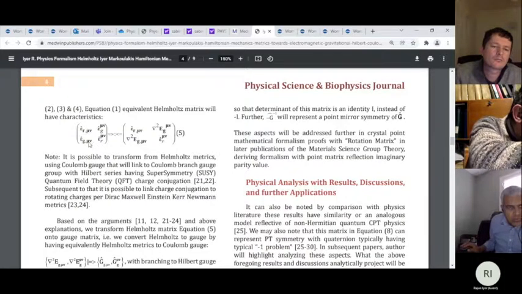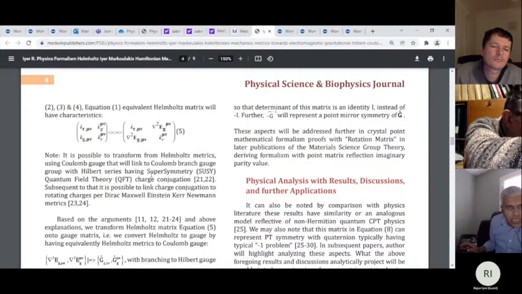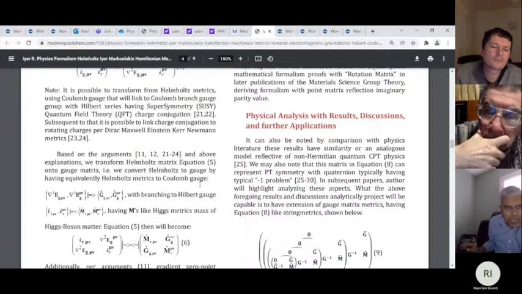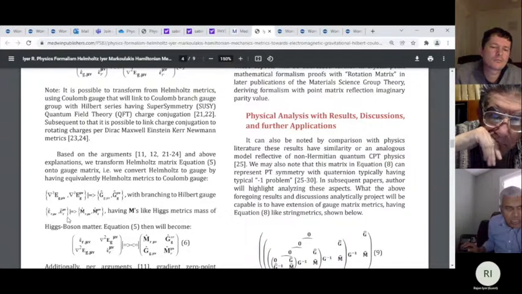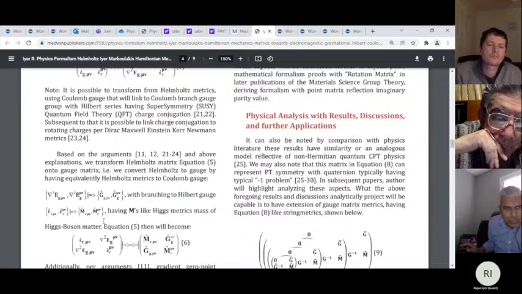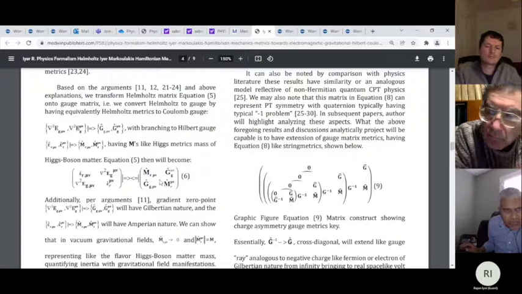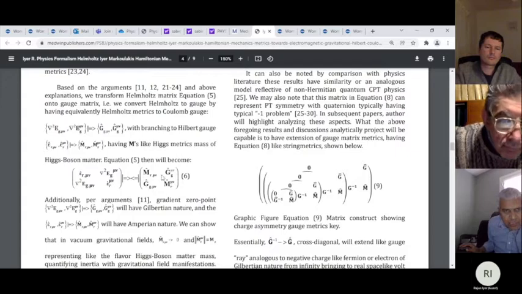So we can gauge it to a Coulomb gauge, which talks about the electromagnetic things, and also the Higgs field, which talks about the mass of the matter. The Coulomb gauge is electromagnetic, whereas the Higgs matrix is the mass matrix. So I can say this rotational field is connected with the Higgs-type mass matrix, and the G's are the Coulomb gauge, which is electromagnetic.